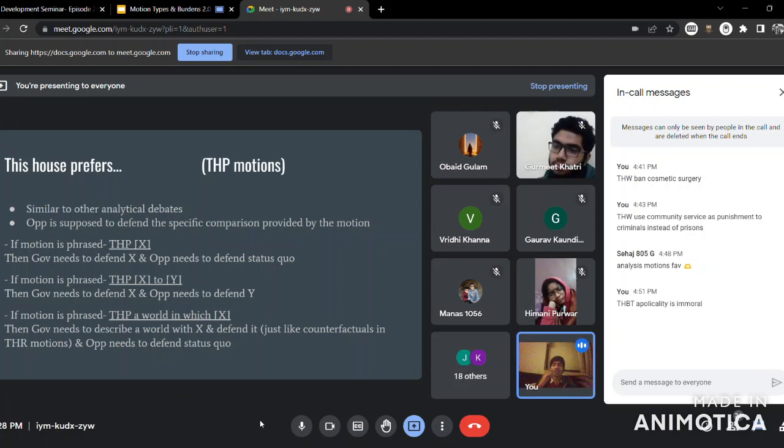So the way that crops up is something like this house would like that countries would sign bonds with people who are going outside of the country to study, on the condition that the government will fund that foreign education, but in return the government wants you to serve in your own country or be employed in your own country for a particular period of time.